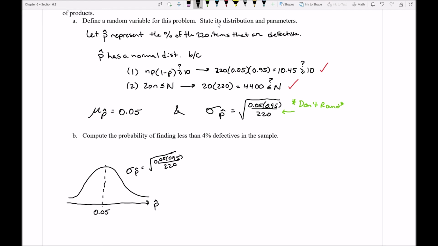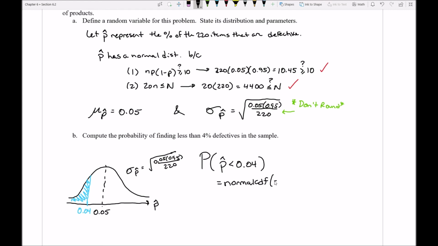Now I'm interested in finding what are the chances that I get less than 4%. So 4% would be over here on the number line, and I want to go less than it. So I want to find that shaded space. What's the likelihood that the p hat I get is 4% or lower? Since I'm looking for a probability, I want the probability of p hat being less than 0.04, and I know I can calculate that with a normal CDF.